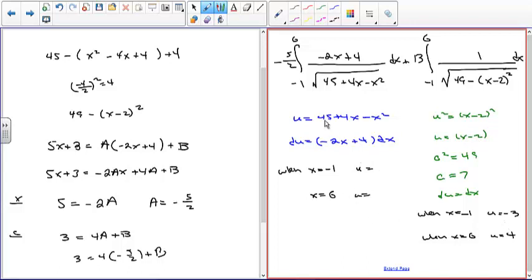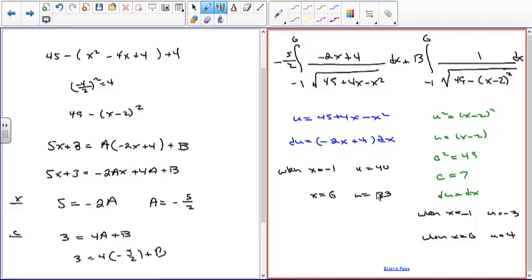Over here, I'm going to have to plug it into this equation. So it's going to be 45 minus 4 minus 1. So that's 40. And if I plug 6 in there, that's going to be 45 plus 24, which is 69. 69 minus 36 is 33. Is that right? Somebody want to double check me on that one?